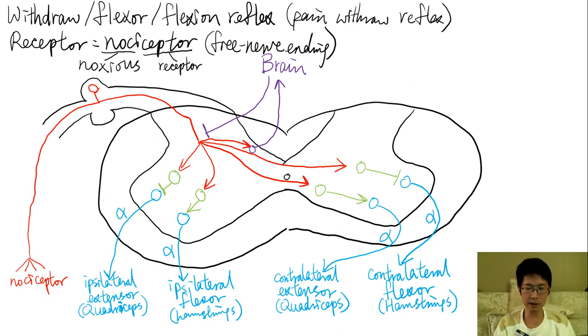When glutamate binds to this alpha motor neuron, you'll depolarize it so that the alpha motor neuron will trigger an action potential. The action potential travels along the axon, goes through the neuromuscular junction, and stimulates the extensor quadriceps to have an action potential, meaning it will make the extensor quadriceps contract.